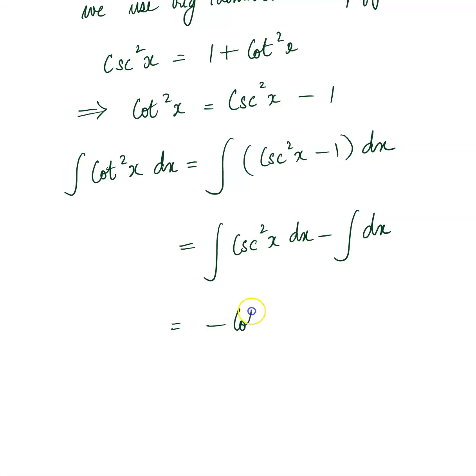That would be negative cotangent x, and the integral of dx is minus x itself, plus c. Again, cosecant squared kx is what the formula gives us. So here k is 1, so it looks a lot simpler. And that is how you handle questions that do not directly have formulas.